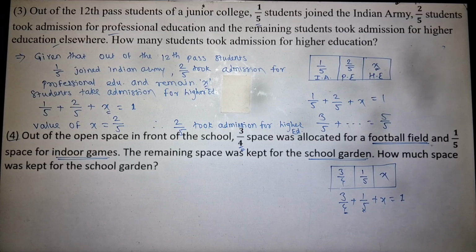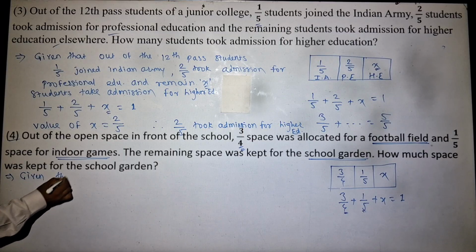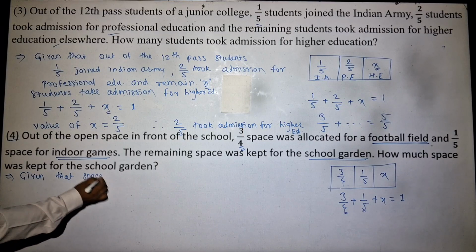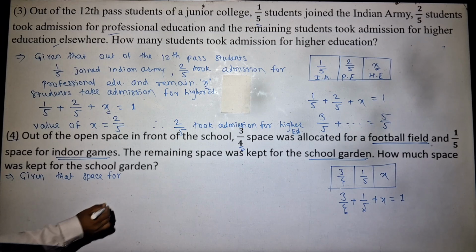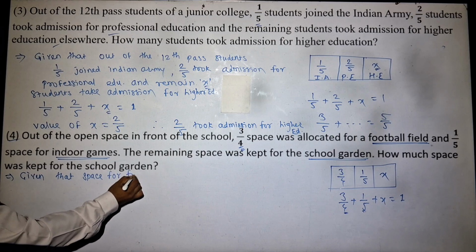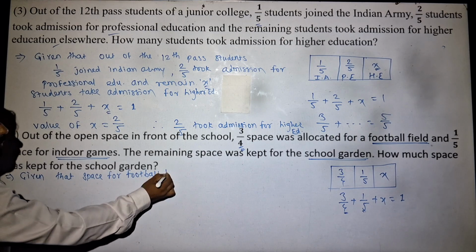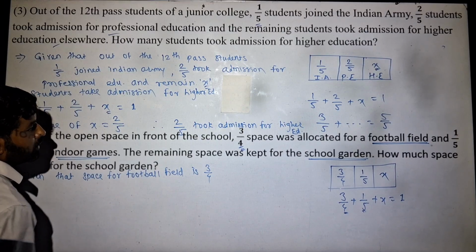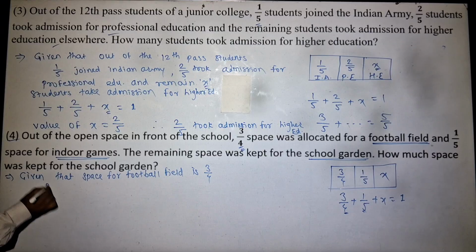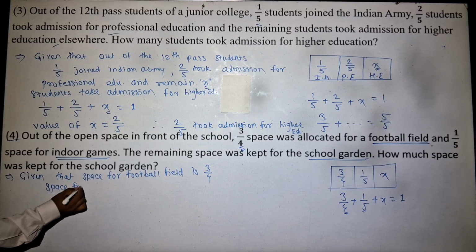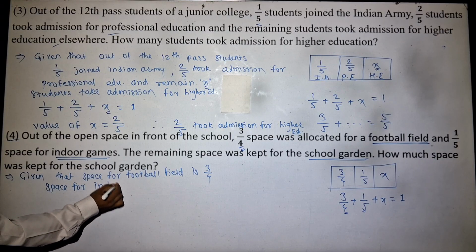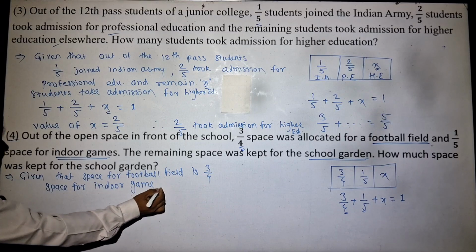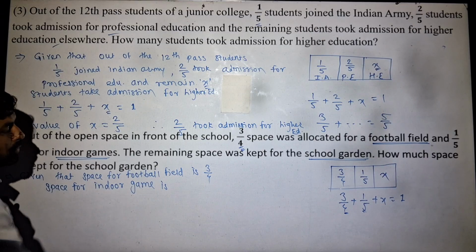Okay, here we write the given things. Given that space for the football field is 3/4. Next, space for the indoor game is 1/5.